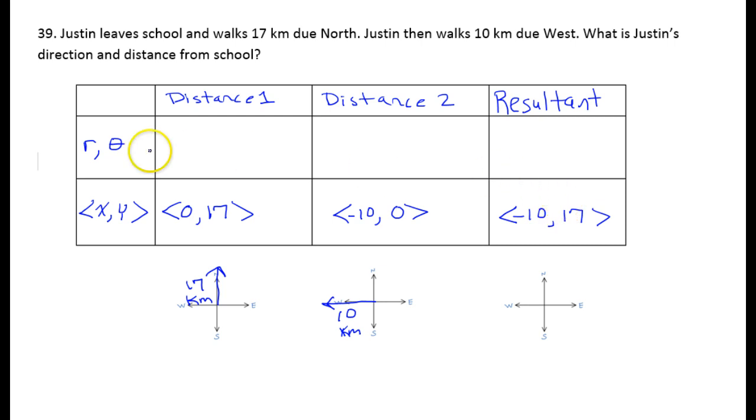Now we will need the magnitude and direction of the resultant vector. Because this is negative 10, 17, that's left and up, or west and north. So we know we are going to be in the second quadrant. Actually, let's start with the magnitude.